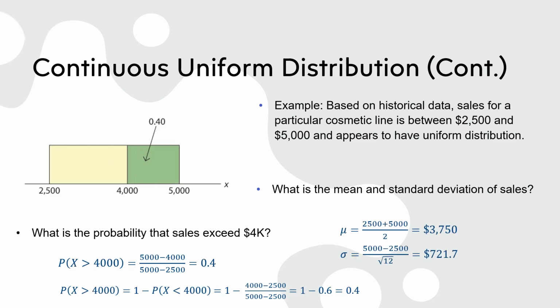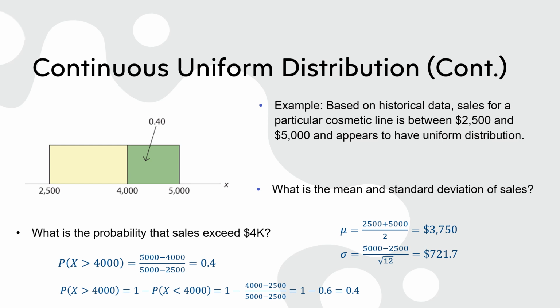To determine the probability of sales exceeding $4,000, we need to find the probability that the random variable x, which follows a continuous uniform distribution with parameters 2,500 and 5,000, is greater than 4,000. To achieve that, we can either find the area under the uniform distribution, which is the multiplication of the height and width of the green rectangle, or use the complement of the CDF of 4,000.